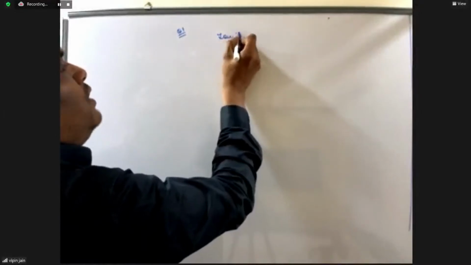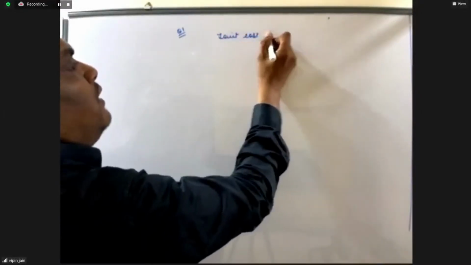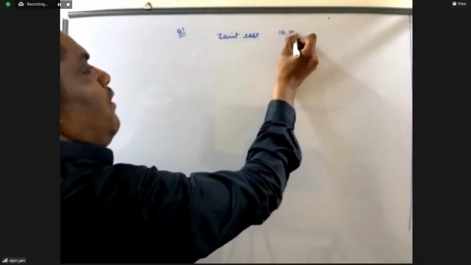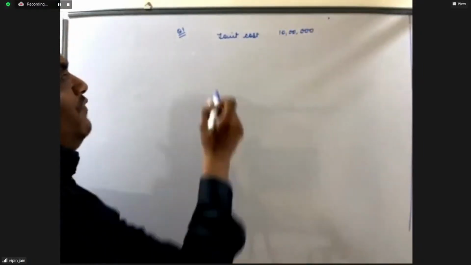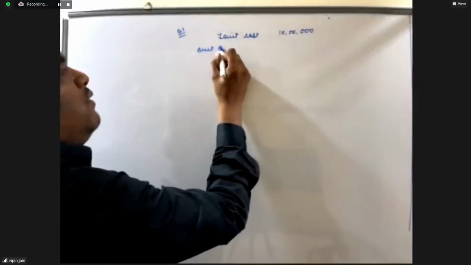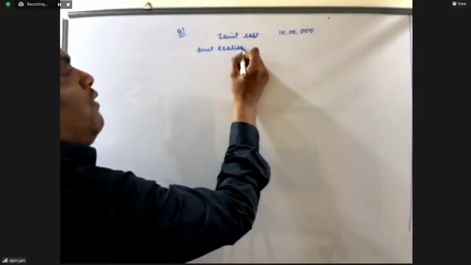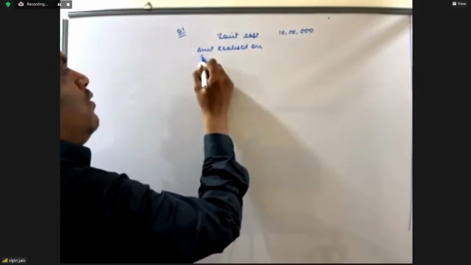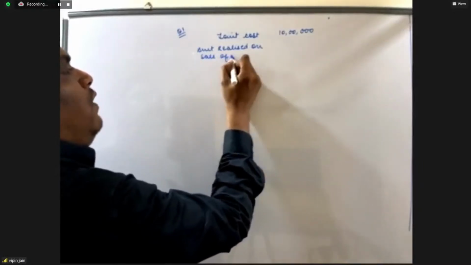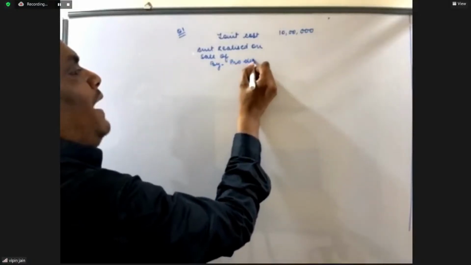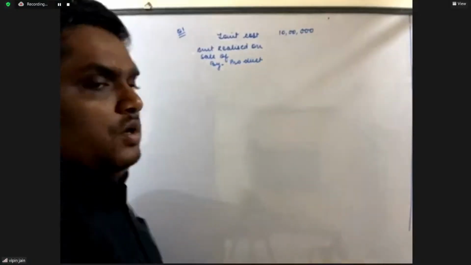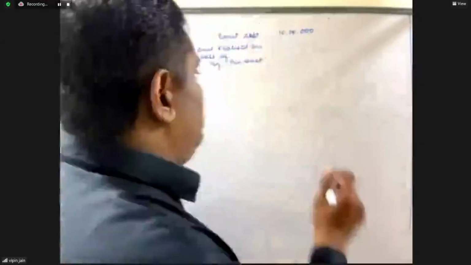So my joint cost is 10 lakh. Further, the amount realized on sale of byproduct: total 50,000 units were manufactured and they can be sold at the rate of 5 rupees per unit.